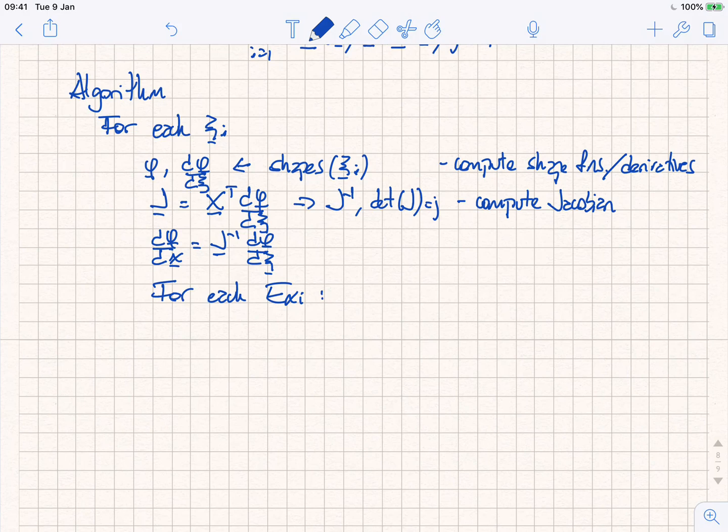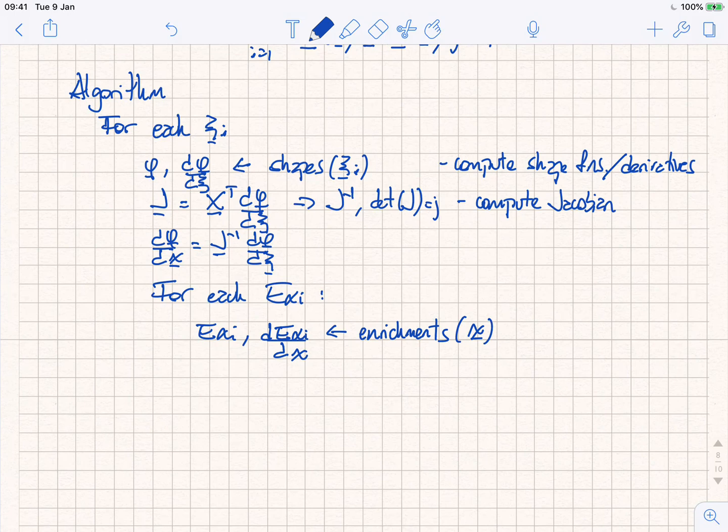The first thing we do is we obtain the enrichment and the derivative of the enrichment with respect to global coordinates. And let's say we have a function that deals with this computation, and we pass our global x coordinate.